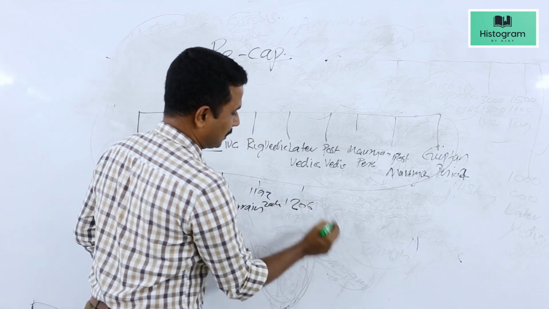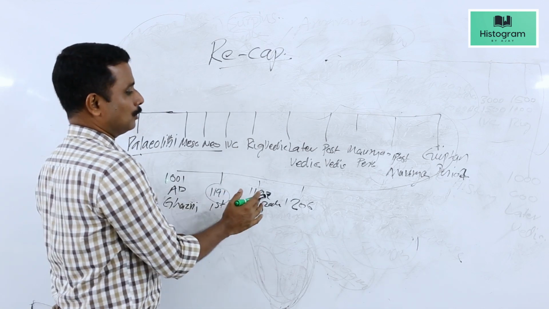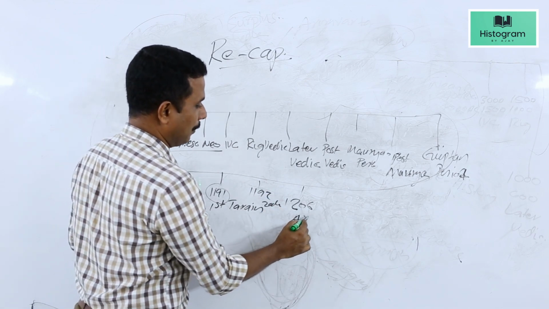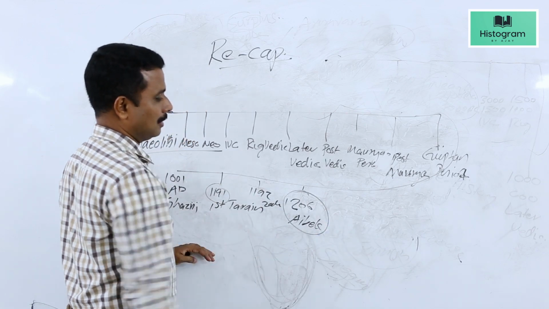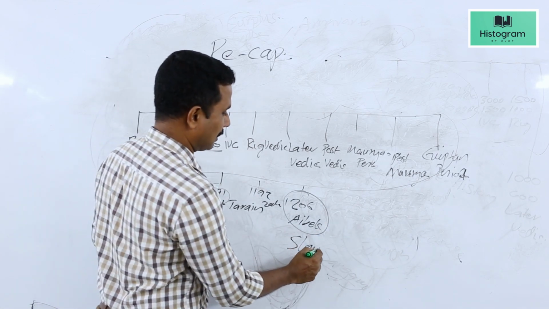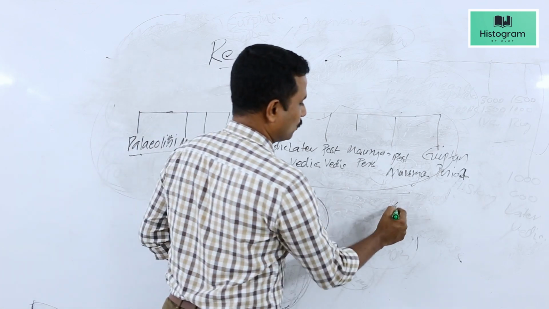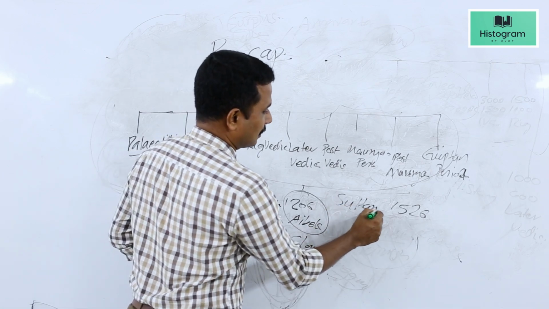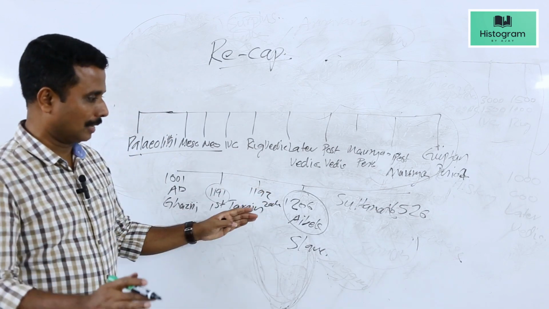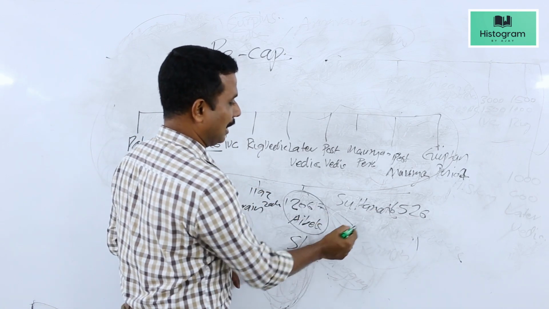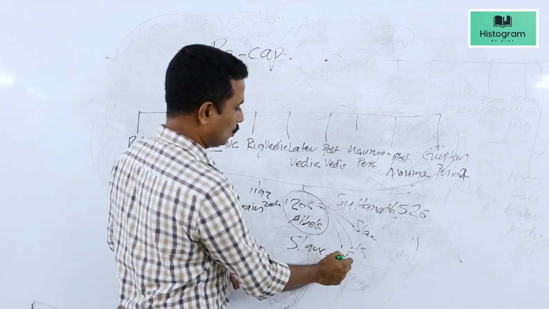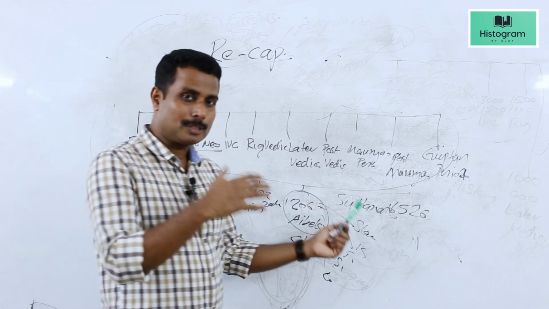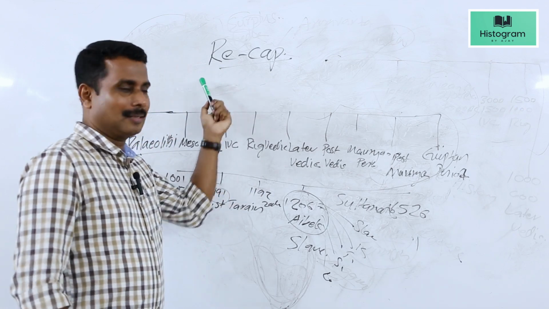In 1206, after the death of Muhammad Ghori, his slave commander in India, Qutbuddin Aibak, declared his independence and started a dynasty known as the Slave Dynasty. From 1206 to 1526, this period is known as the period of the Delhi Sultanate or the Delhi Sultans, during which different dynasties like the Slave Dynasty, Khalji, Tughlaq, Sayyid and Lodis ruled India.